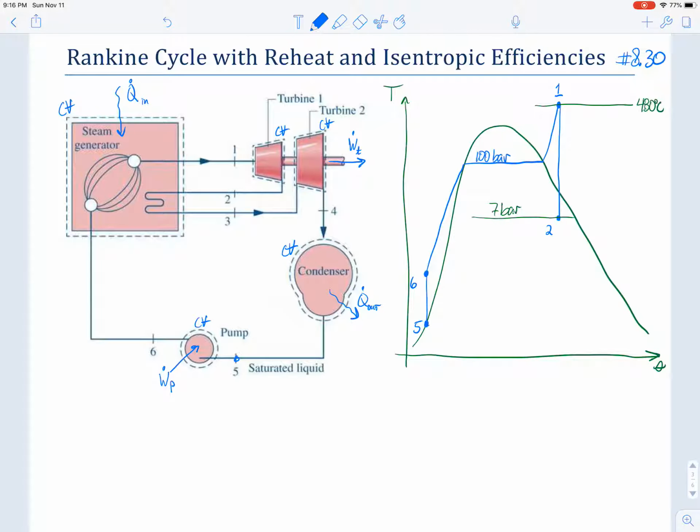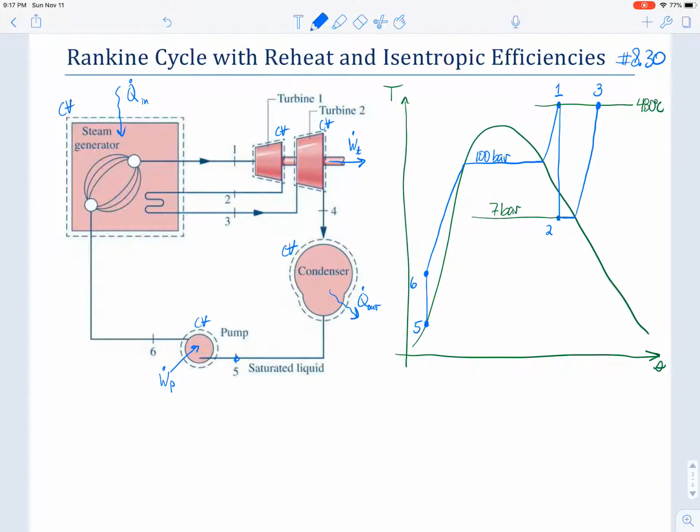Now from the exit of turbine 1, I pass back into my steam generator and I reheat. So I'm going to follow this isobar. So it's at a lower quality at state 2. I heat until it's completely saturated vapor, and then I follow the 7 bar isobar into the superheated region, and I stop at state 3, which the problem says is also at 480 degrees Celsius.